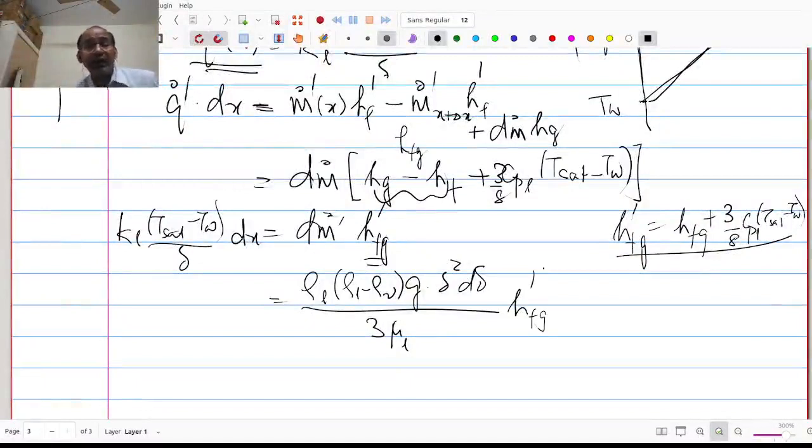Okay, so now I have a differential equation for delta which I can solve, and that would give me the expression for delta of x.